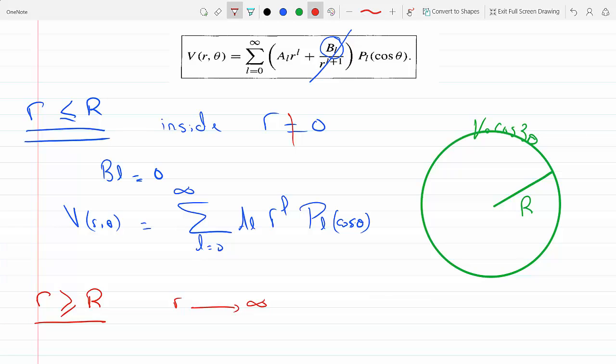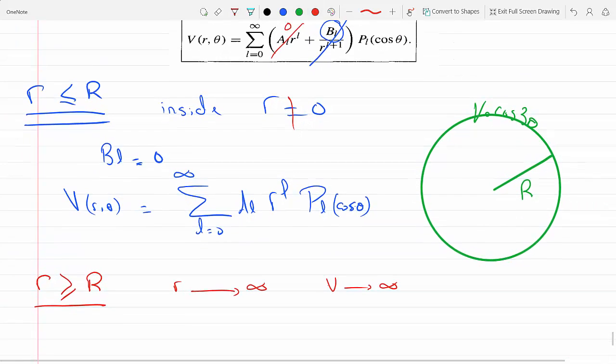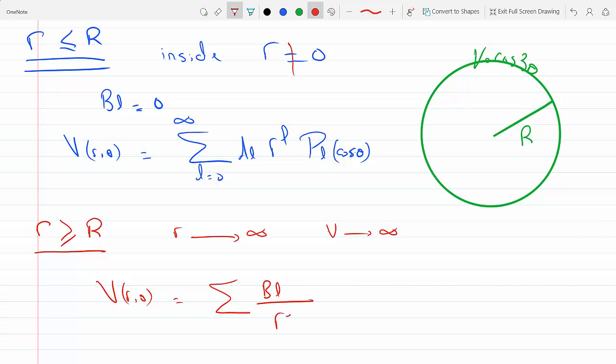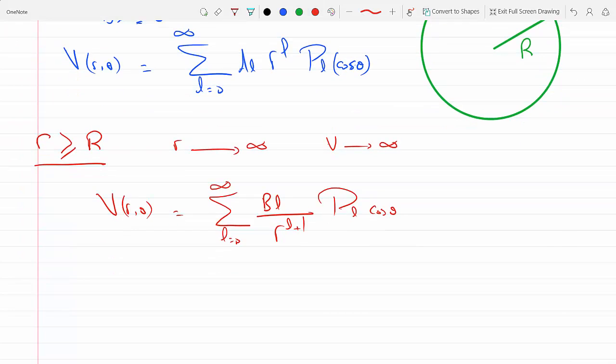Here, if r goes to infinity, the potential would go to infinity, because L is positive, and you don't want that to happen, so you set AL equal to 0. So the potential outside will be the summation from L equals 0 to infinity of BL over r to the L plus 1, times PL cosine theta. So this is outside the sphere.